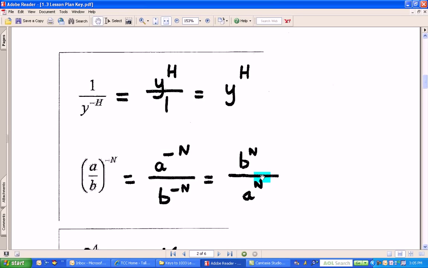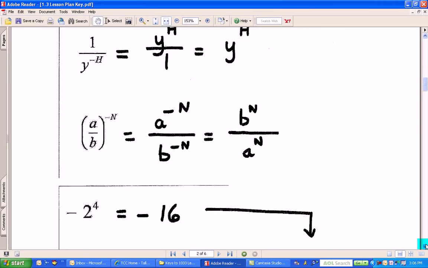And then notice how I got my final answer. b to the opposite of n on the bottom, from the denominator, in the numerator you now see b to the n, and analogously a to the opposite of n from the numerator appears now in the denominator as a to the n.